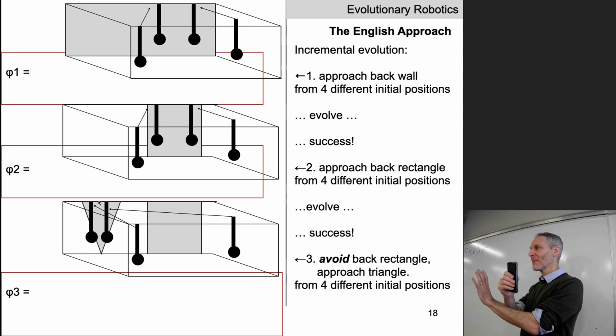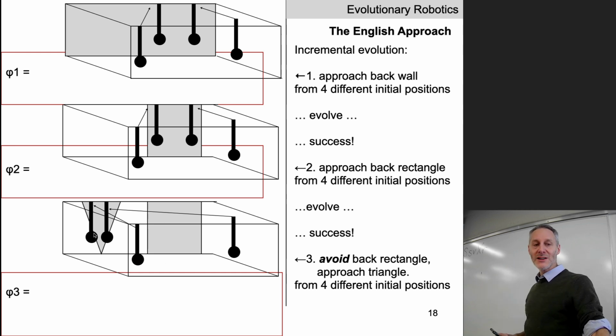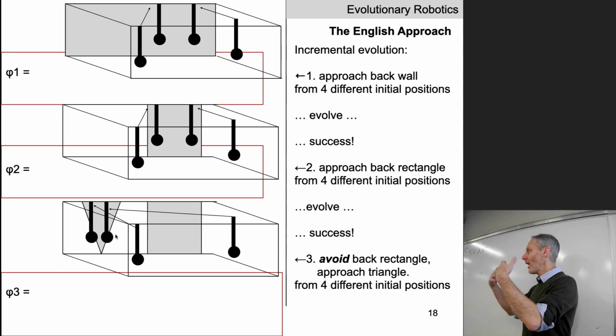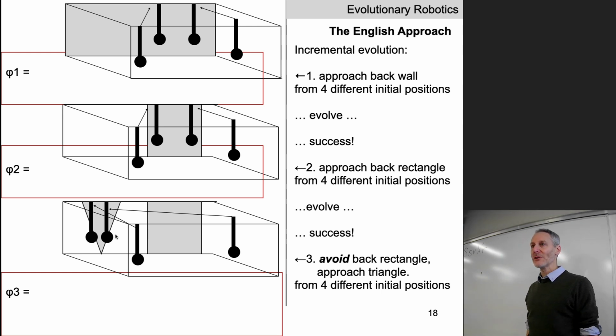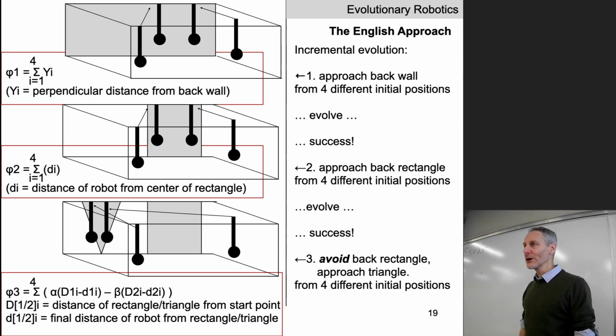The back of the table. Okay. Wherever the robot is placed, it needs to go away from the rectangle and towards the triangle. So a lot of build up to this problem, but they're basically evolving this robot to distinguish between triangles and rectangles. Okay. Let's have a look at the 3 fitness functions that they swapped in during this evolutionary process.